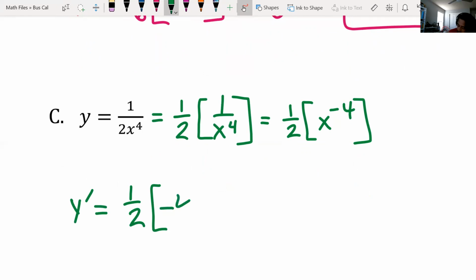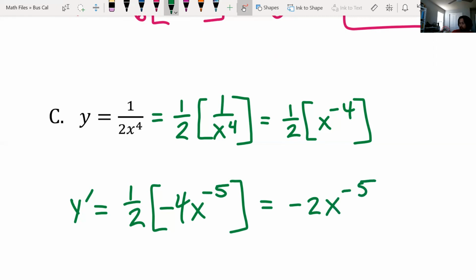What is that going to be? Negative 4x to the negative 5. That's it. Negative 4x to the negative 5th, and distribute the 1/2 back in. And lucky for us, half of negative 4 is just negative 2.